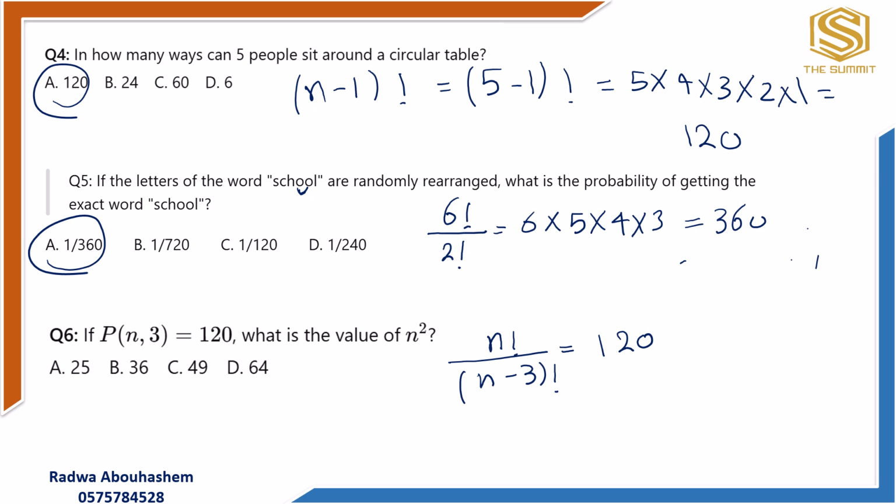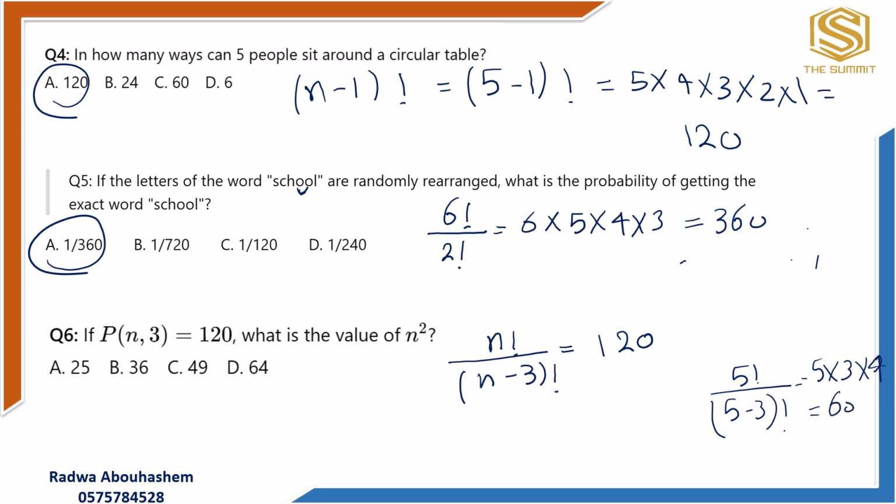So let me try 5 factorial over 5 minus 3 factorial. Here I'm going to cancel everything starting from 2. So it's 5 times 4 times 3.